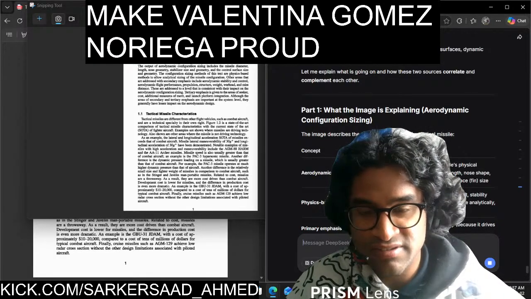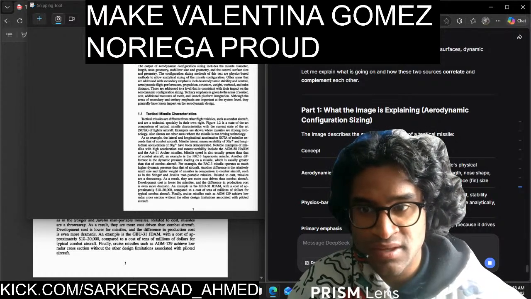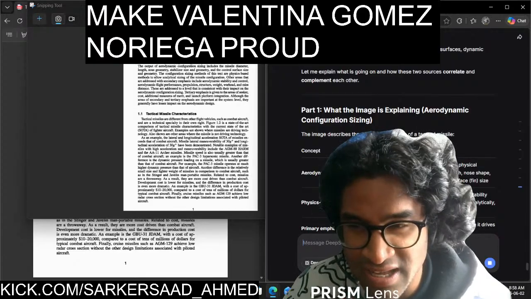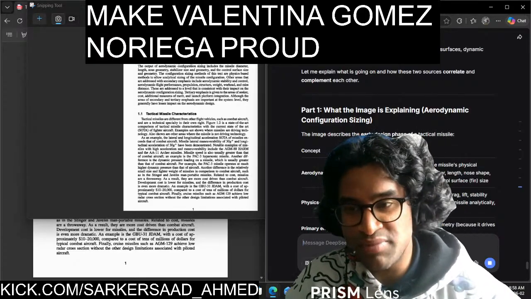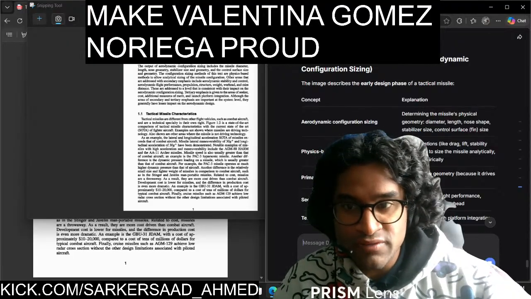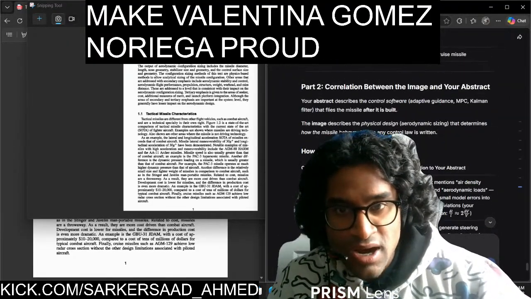The physics-based methods use equations like drag, lift, and stability derivatives to size the missile analytically, not just empirically. Primary emphasis is the configuration geometry because it drives everything else. The secondary emphasis, the tertiary emphasis, and whatever.